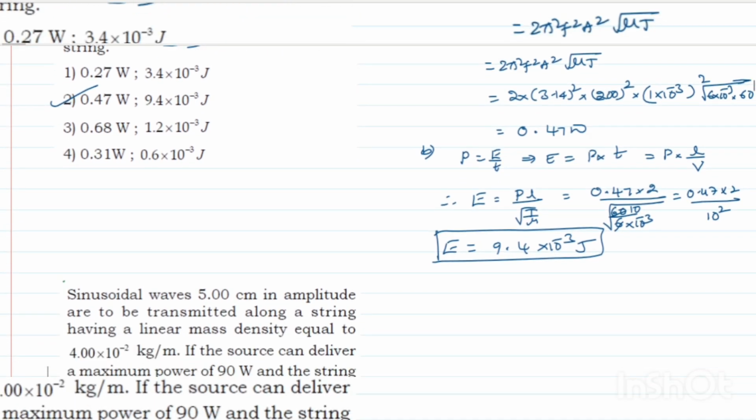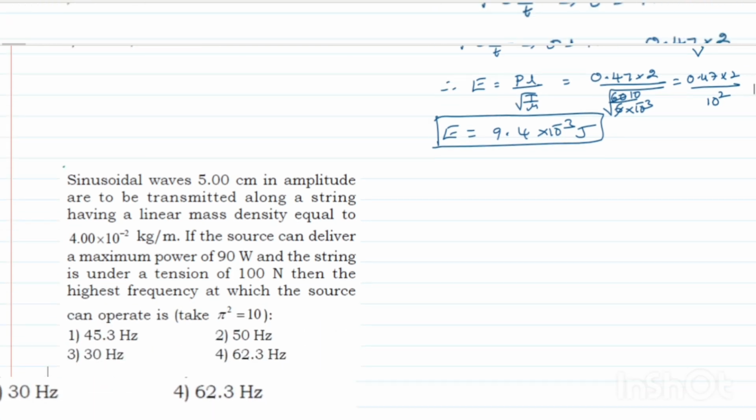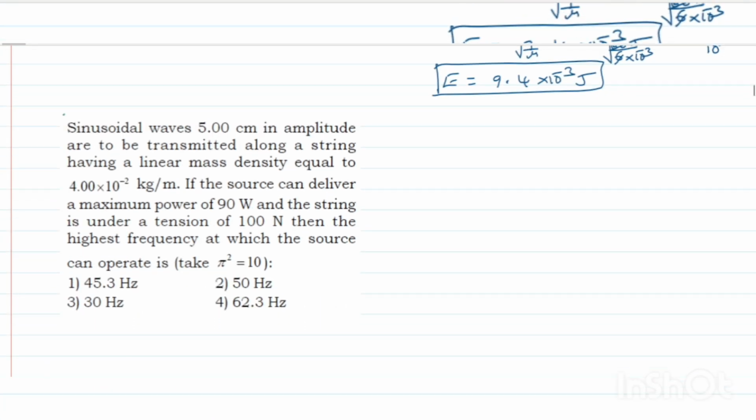A sinusoidal wave of 5 cm amplitude is to be transmitted along a string having a linear mass density equal to 4 into 10 power minus 2 kg per meter. So a sinusoidal wave of 5 cm amplitude is given, students, and a linear mass density is given.